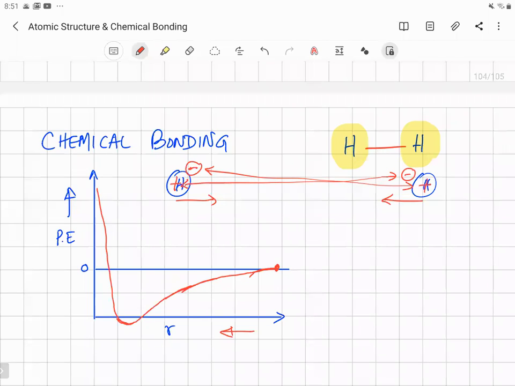So this curve is known as the potential energy curve, like this.